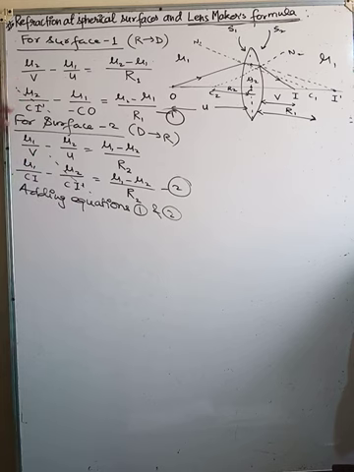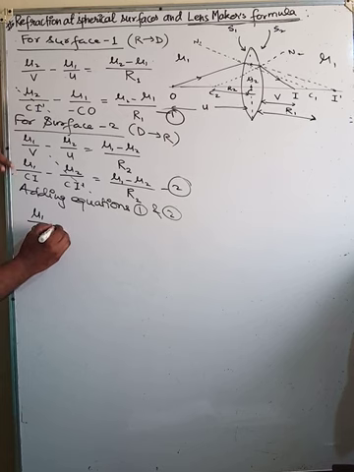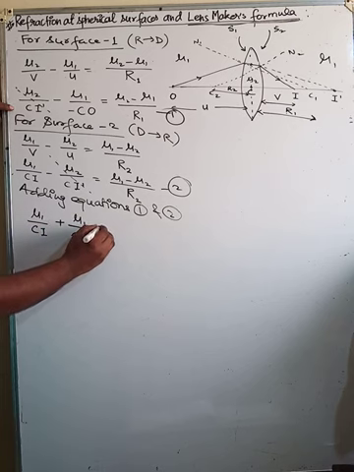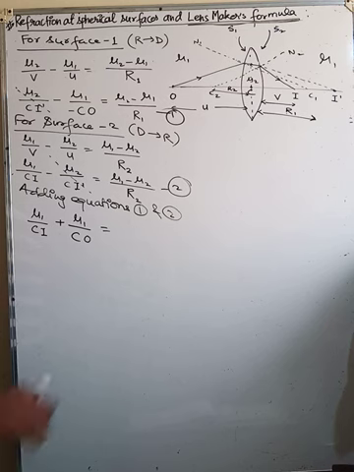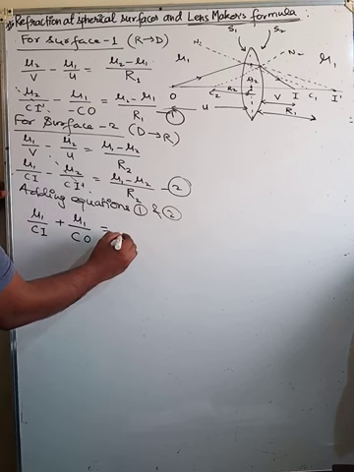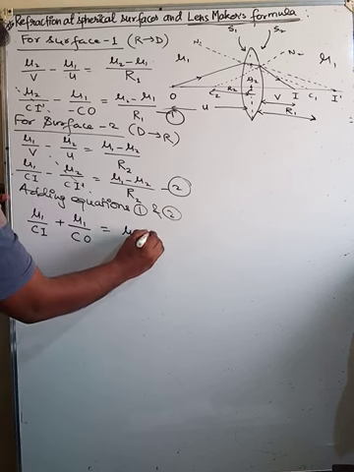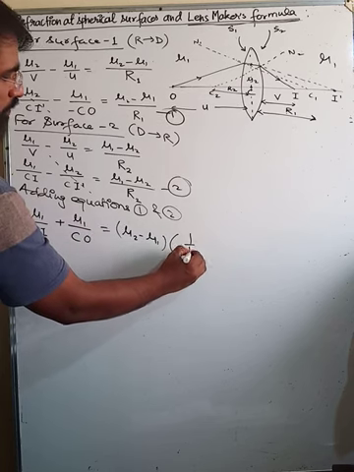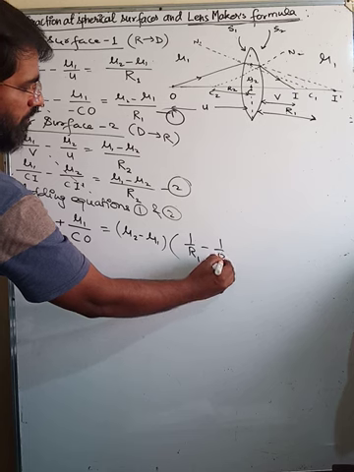What is left? Mu1 upon CI, and minus and minus will become plus. Mu1 upon CO is equal to mu2 minus mu1 outside, and we are left with 1 upon R1 minus 1 upon R2.